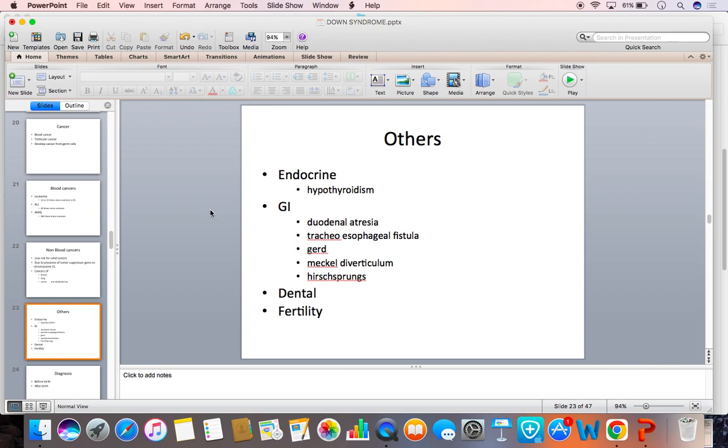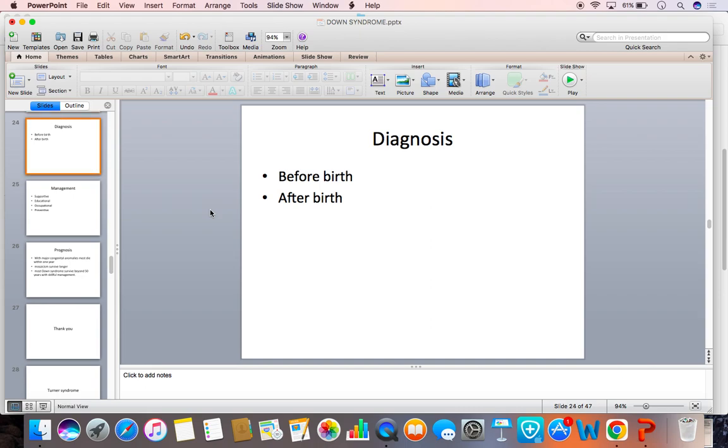Dental anomalies and fertility problems are again very common in these children. Well, this is how you can make out the diagnosis of Down syndrome with this spectrum of manifestations.